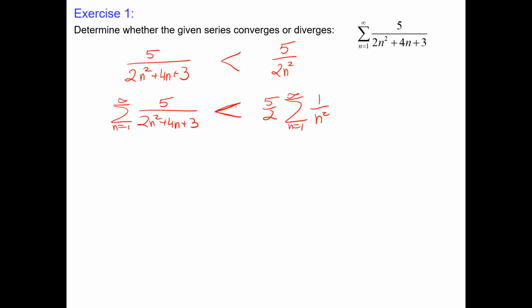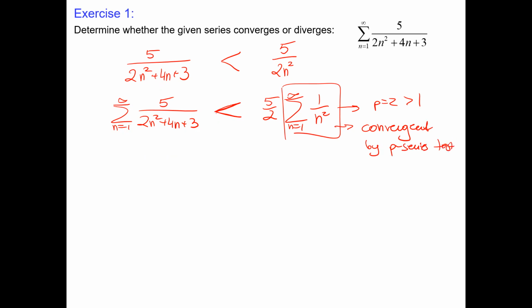Now we can see the p series test. p is 2, greater than 1. This infinite series is convergent by the p series test. We can use this, and something that is smaller is also convergent.